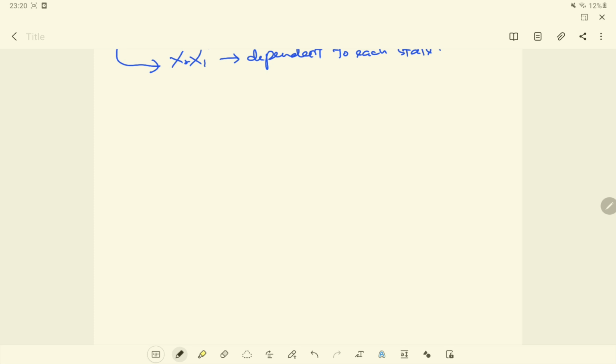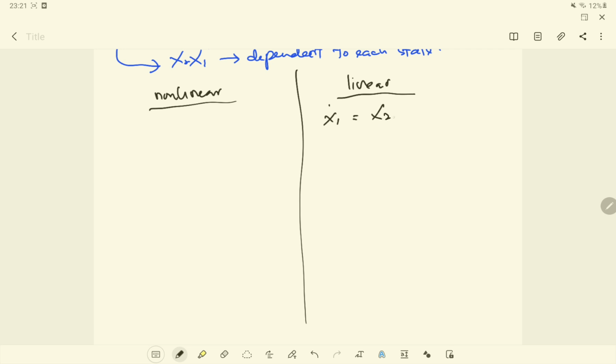So for linear system, let's say you have one example: x1 dot equals x2, x2 dot equals negative 2x1 minus 3x2 plus u.